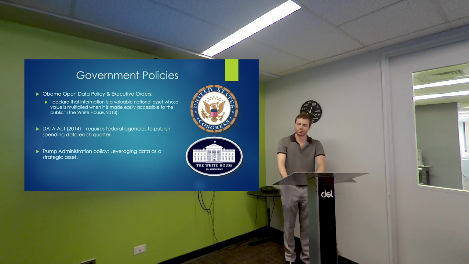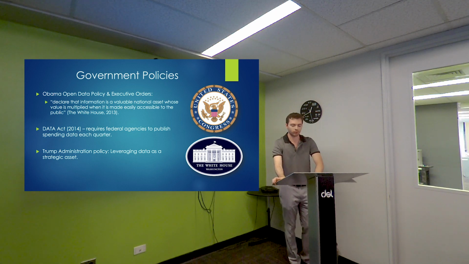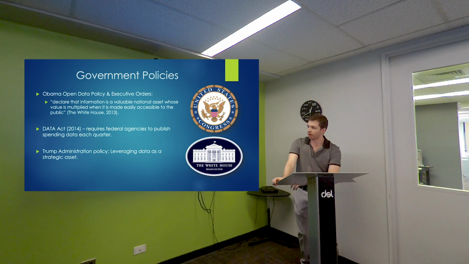Now we have the Trump administration, and I'm happy to say that their policy as a part of the president's management budget is to leverage data as a strategic asset, which is essentially the same thing as what the Obama administration was doing. So he hasn't really changed anything yet, but he could if he wants to, and that's something to pay attention to. Personally, I don't think the policy on open data is going to change anytime soon.